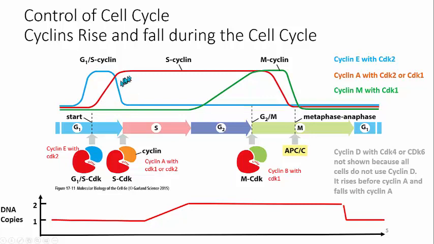The S cyclin begins to grow in late G1 and persists throughout the cell cycle until the destruction at the metaphase-anaphase checkpoint. Likewise, the M cyclin is only turned on in G2 and is destroyed at the metaphase-anaphase checkpoint.